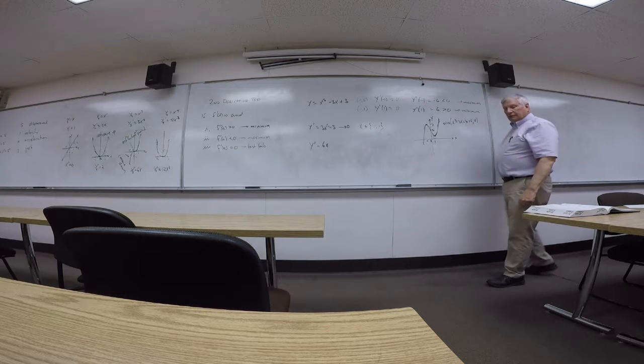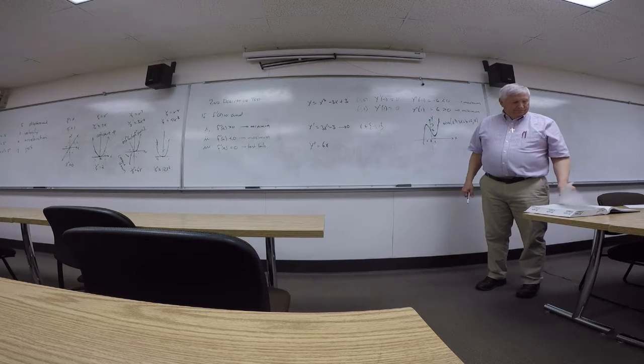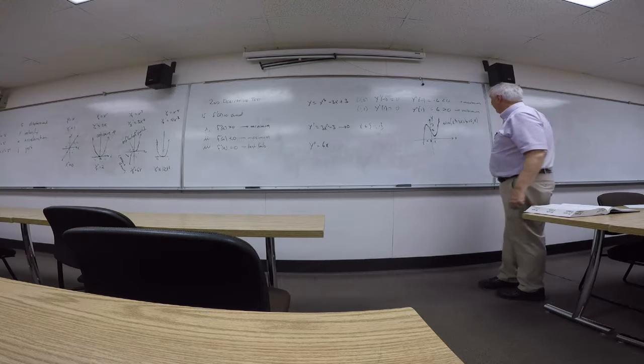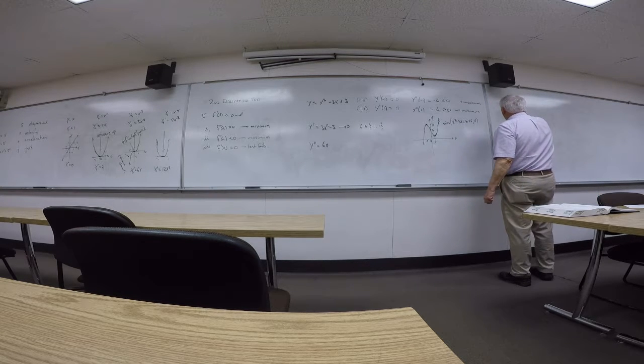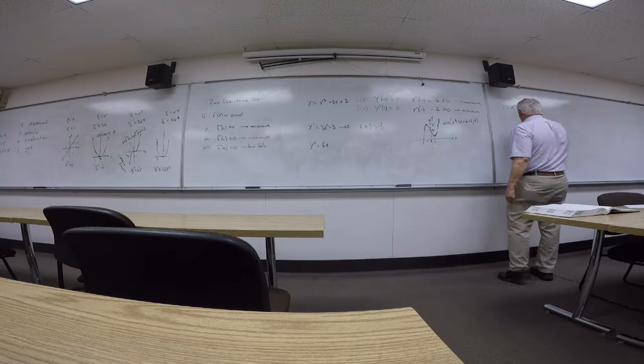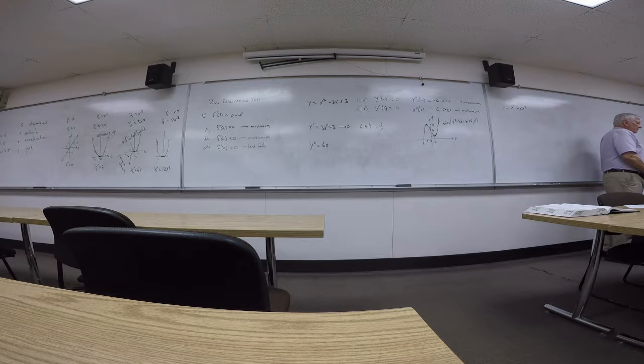Okay, let's look at number 17. Y equals x to the fourth minus 2x squared. They go on and point out that that factors.